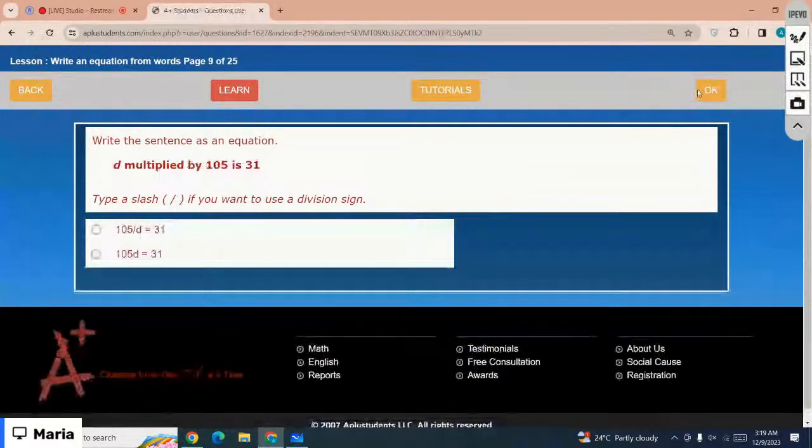D multiplied by 105 is 31, which is the correct option? Yes, it is option number 2. 105D equals 31. Option number 2 is the correct option.